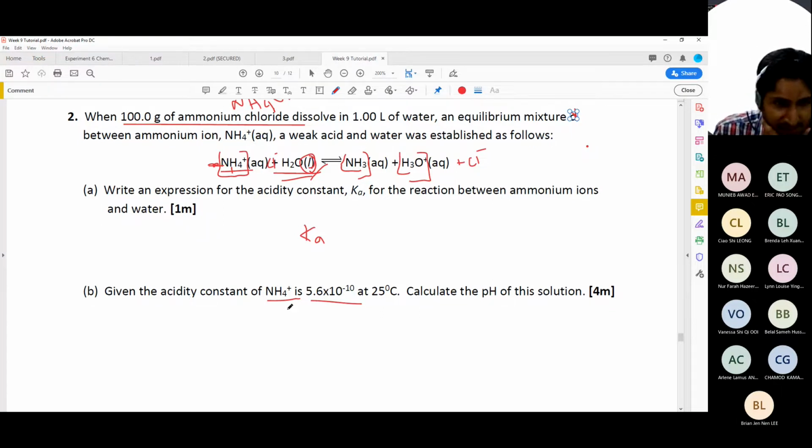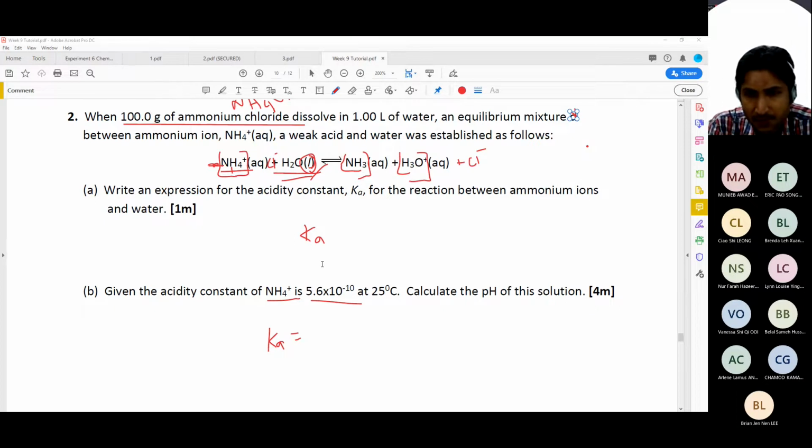The acidity constant of ammonium is 5.6 times 10 to the power negative 10, and we have to calculate the pH of the solution.